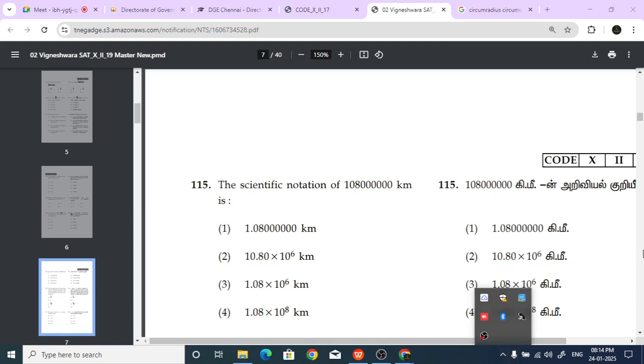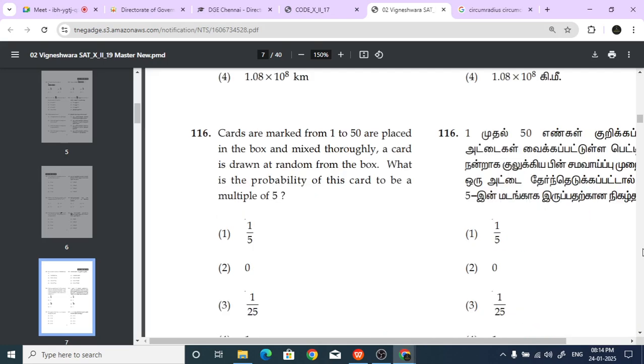Okay, we read this quickly. Cards marked from 1 to 50 are placed in a box and mixed thoroughly. A card is drawn at random from the box. What is the probability of this card being a multiple of 5?